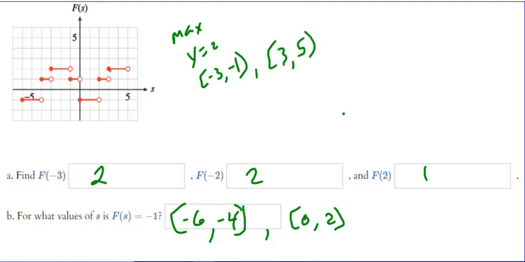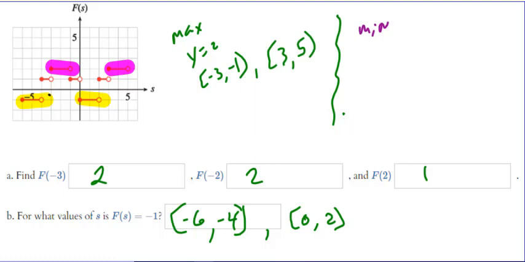And let me highlight that. So I'm doing this one and this one. Okay, and that's for the max. And then the other one says, okay, min, right? So we'll switch to blue. So now we're picking up these, and let me highlight them a little bit easier in a different color. Those are outputs that are negative 1, right? So we have to tell what the x values are.